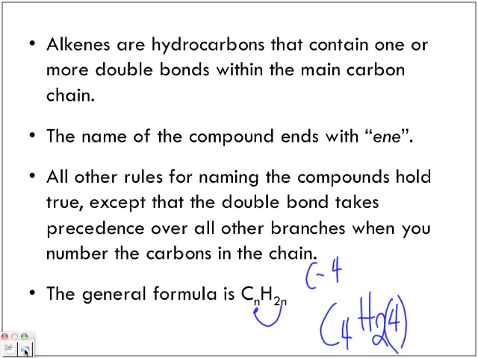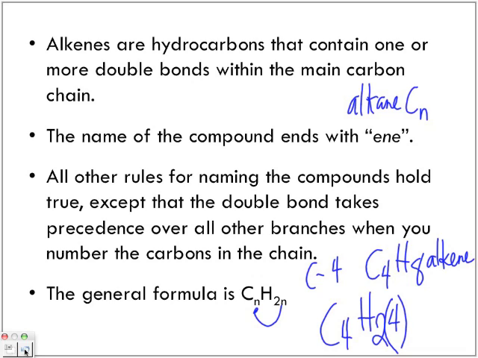So the formula, if we have 4 carbons, would be C4H8. And this is the variation between the alkene here and the alkane that we looked at in the last video, where it was CnH2n+2, increasing by 2 hydrogens always.